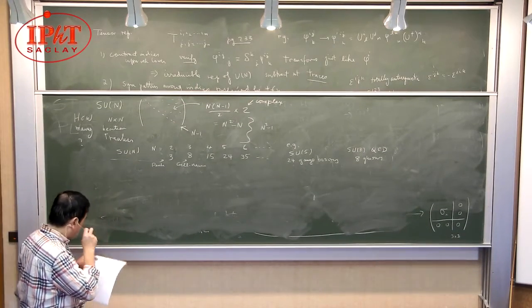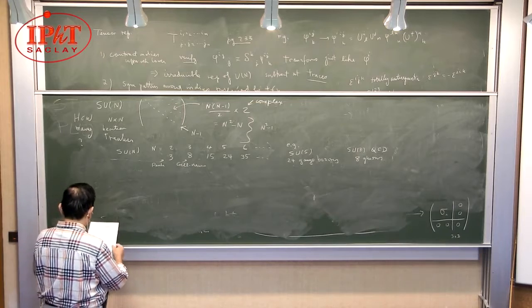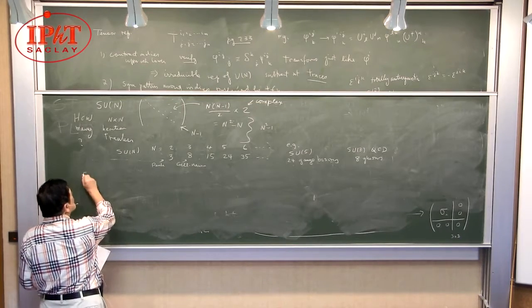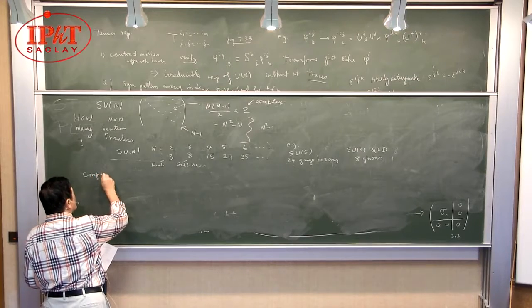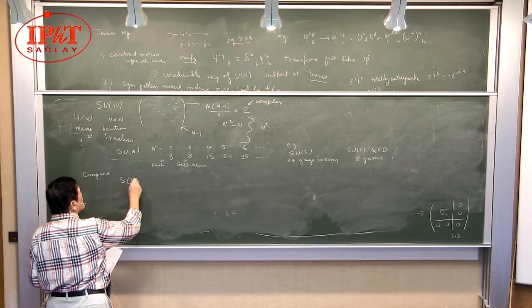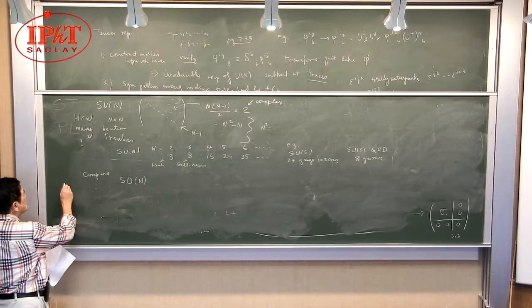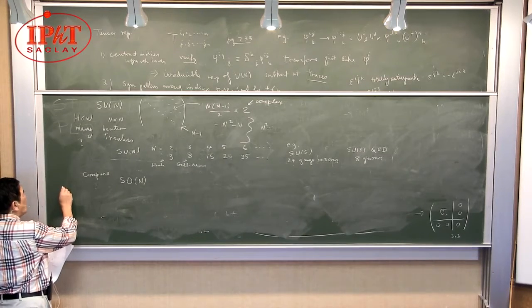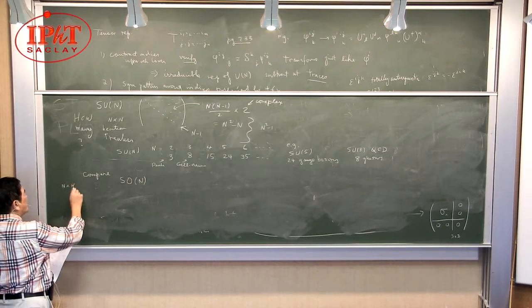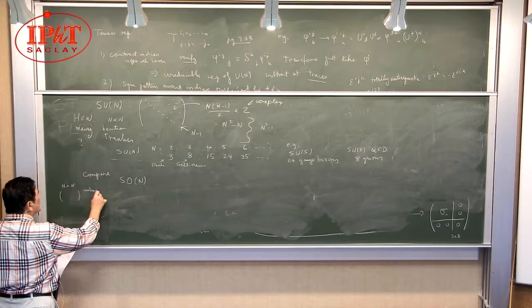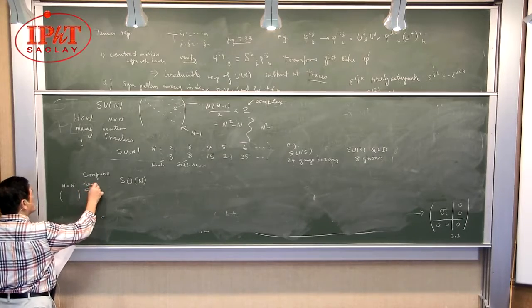But now it's instructive to compare with SO(N). So SO(N), I remind you, is generated by n by n matrices that are real and antisymmetric.